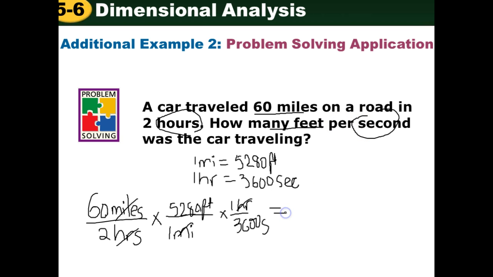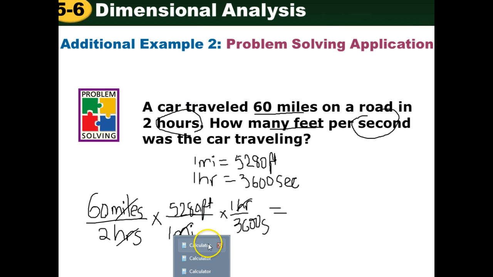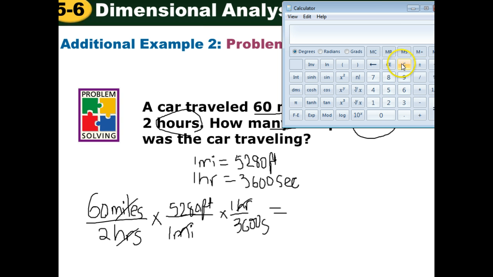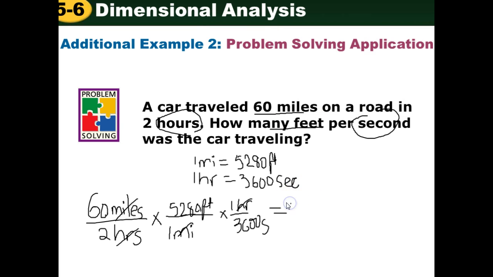Now all we have to do is multiply the numerators and then divide at the end. So here we have 60 times 5280. Let's grab a calculator. So we get 316,800.